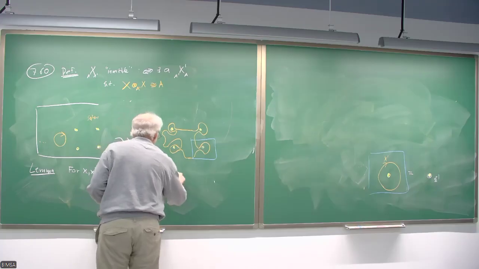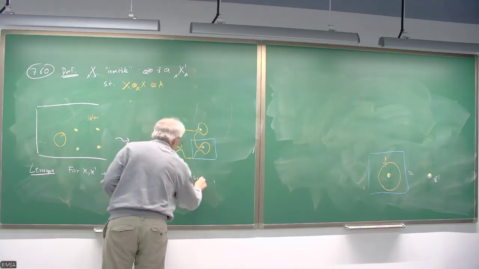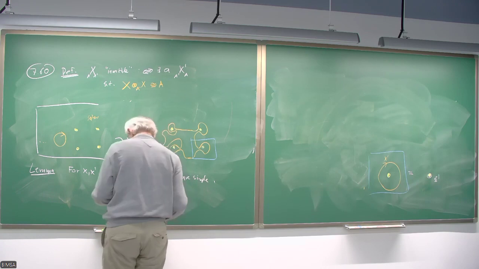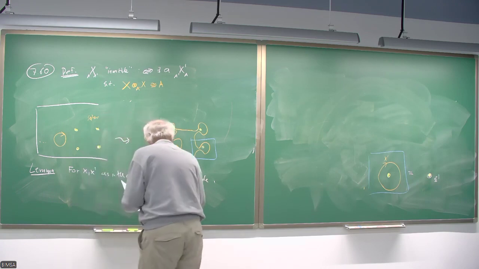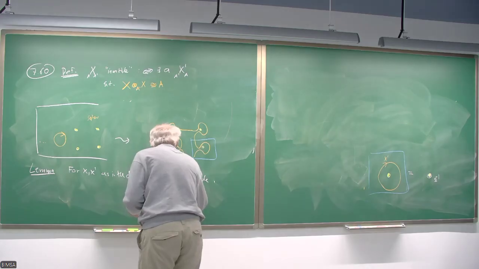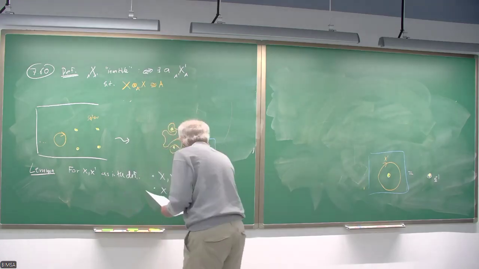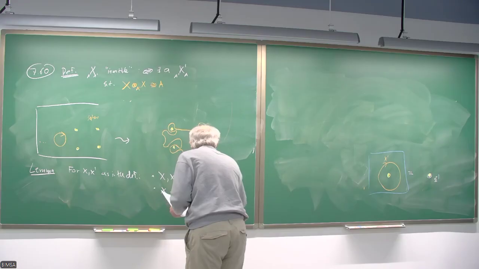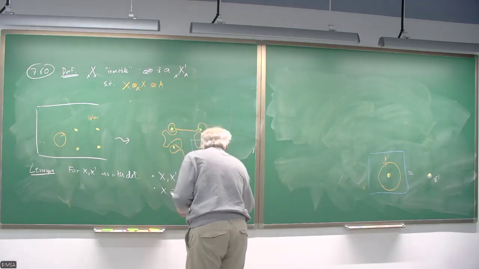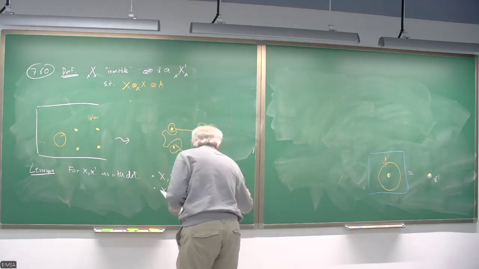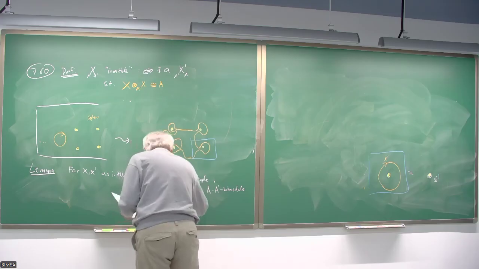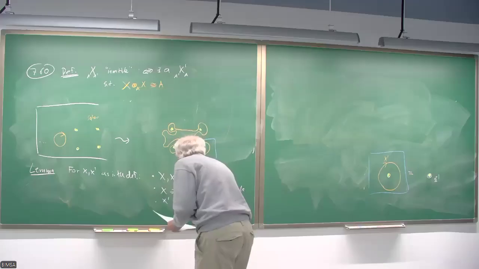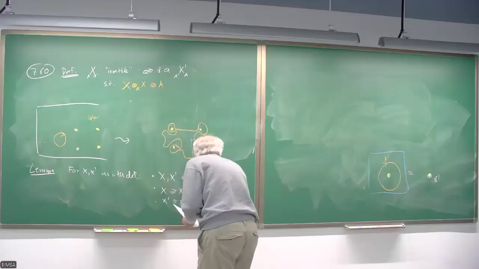Assume X and X prime are simple defects. Then X is isomorphic to X prime dual as an A prime A bimodule. And analogously, X prime is isomorphic to X dual as an A prime A bimodule.